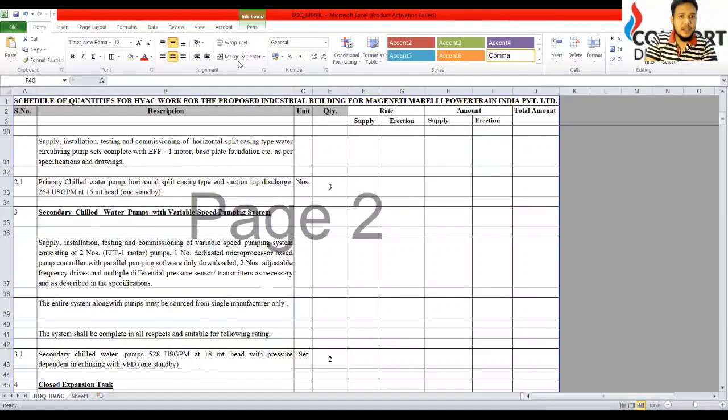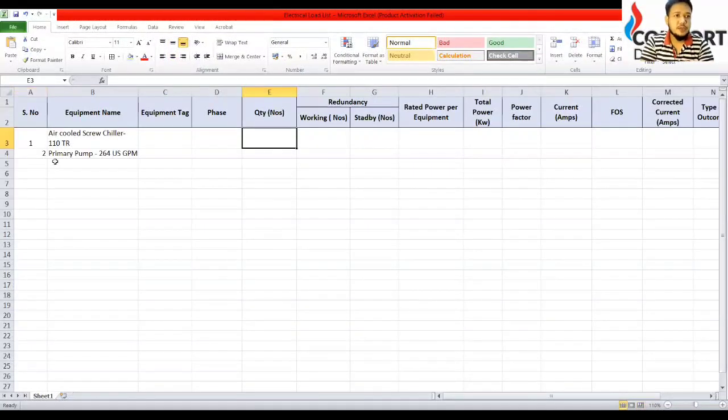Okay, and its quantity I will write here, phase I will write. I'm sorry. Now I think it is visible. The second equipment that we have is our primary pump, and what is the quantity? It is 3 numbers, and standby it is 1 number. Okay, and chiller, its quantity is 2, standby it is 0.